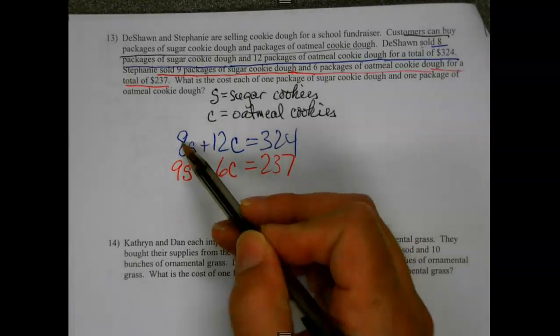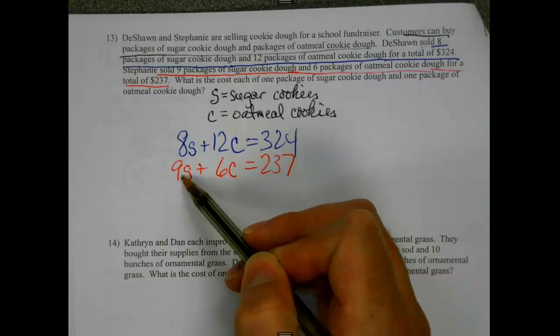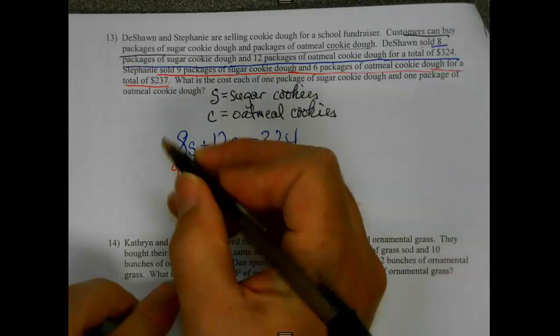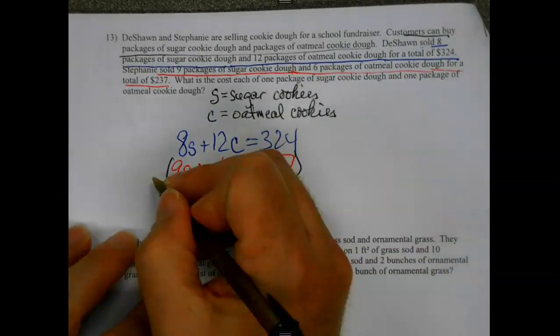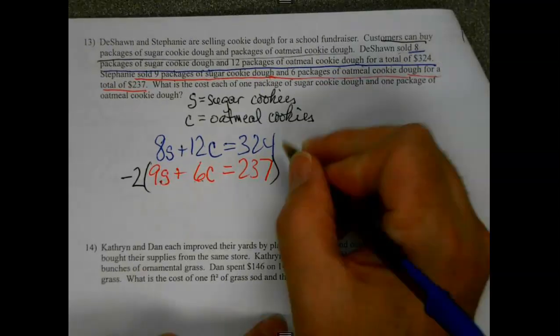I cannot multiply 8 by something to get 9, even though you could do the switcheroo. You could. What can I multiply 6 by to get to 12? 2. And since these are both positive, I'm going to multiply by -2, because that's going to fix my positive-negative issue.